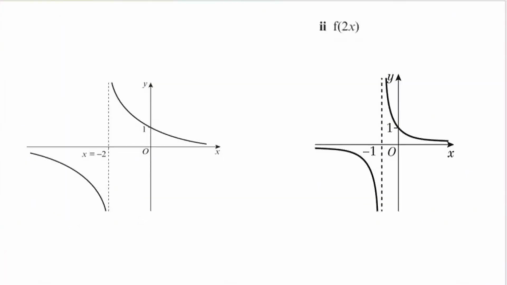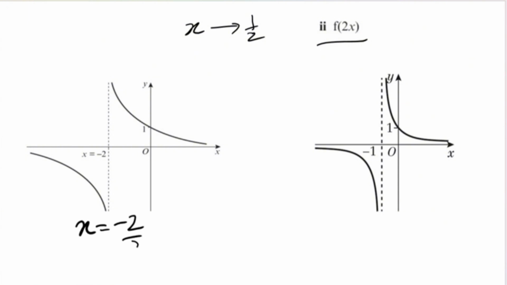Next transformation for the same graph is f of 2x. Now 2 is inside the bracket, that means stretch with a scale factor half. And here, because it is inside, the x coordinate scale factor is half, meaning your x coordinate will be divided by 2. Now we have an asymptote x is equal to -2.